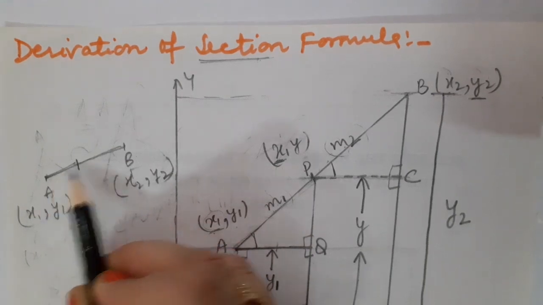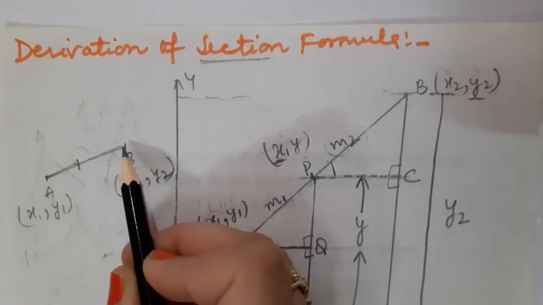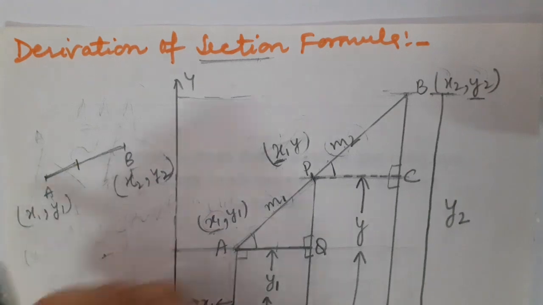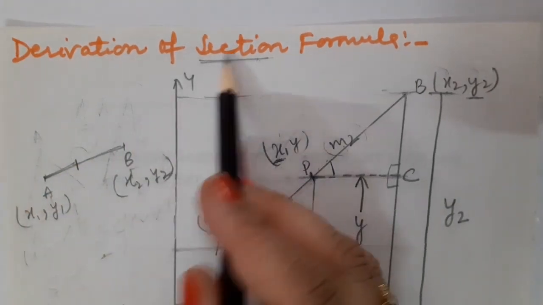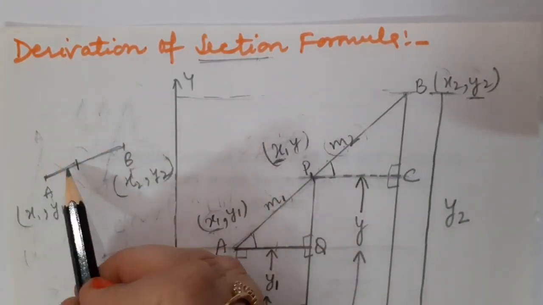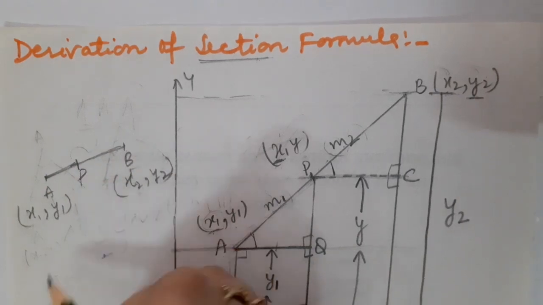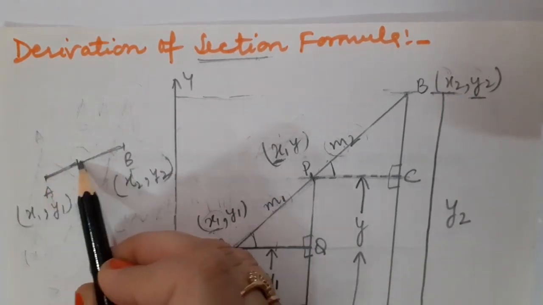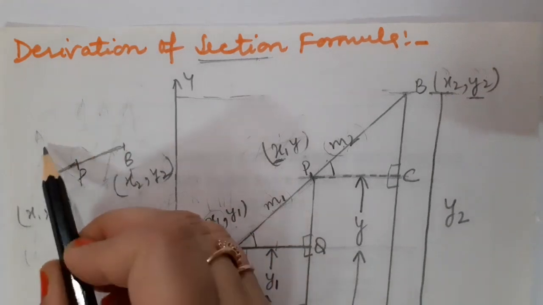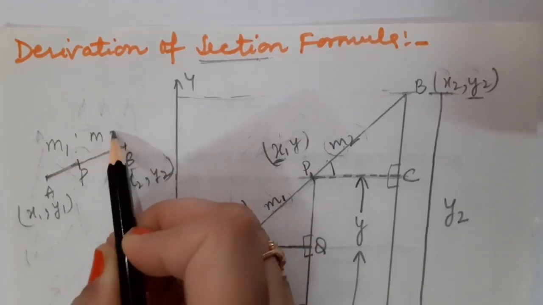That division is called a section of this line segment. Section means division. If I have taken point P here, this point P is going to divide this complete line segment in the ratio m1 ratio m2.